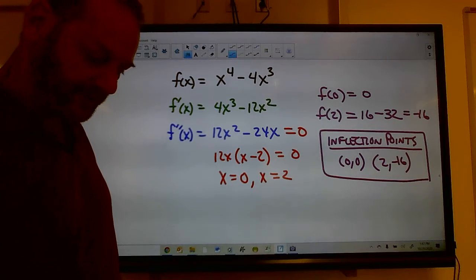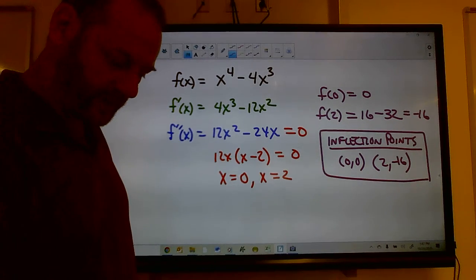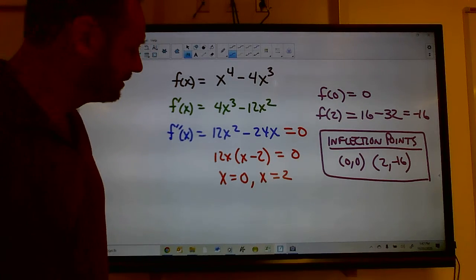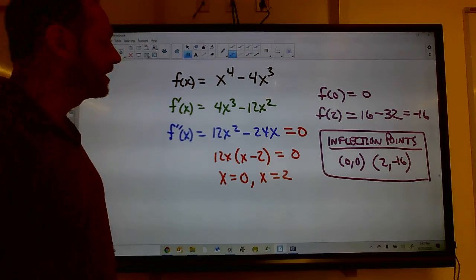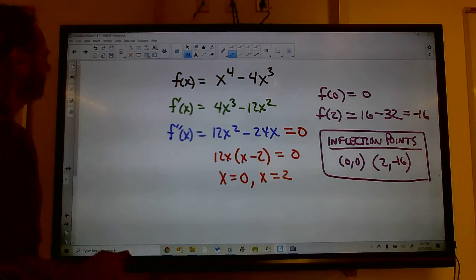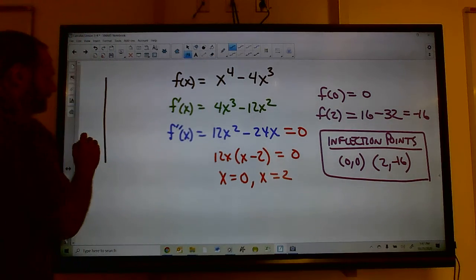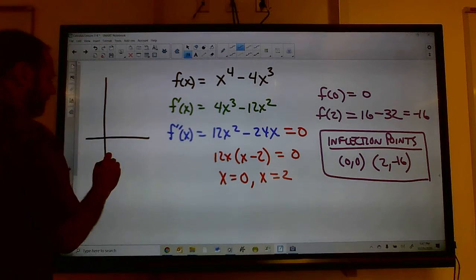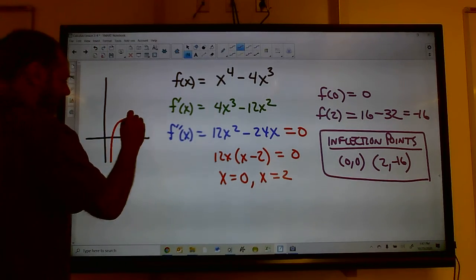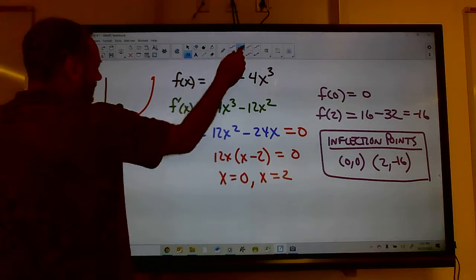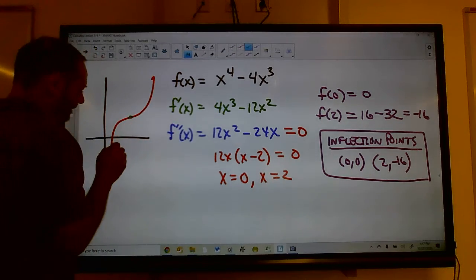Remember what happens at an inflection point? That's when it turns concave up and concave down. So it's switching concavity at the inflection points. So if you think about it, if I have a graph like this, I have an inflection point right here.